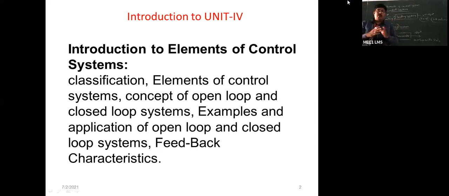That means control system means whatever the output quantity is, it is affecting the input. That means with the help of the input only, we are getting our desired output. So for example, take the AC system. Here the remote is nothing but a control system, a household appliance.